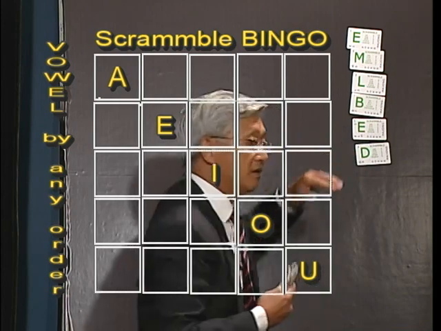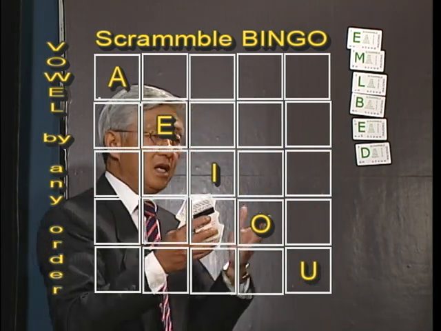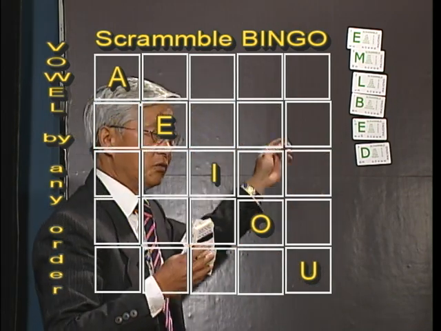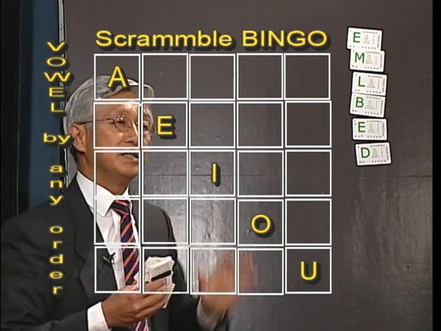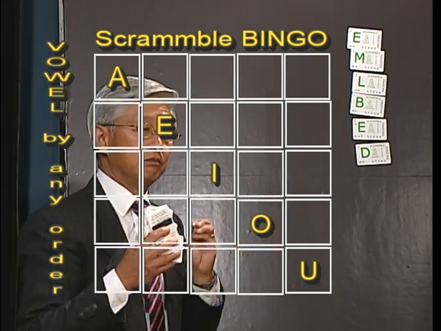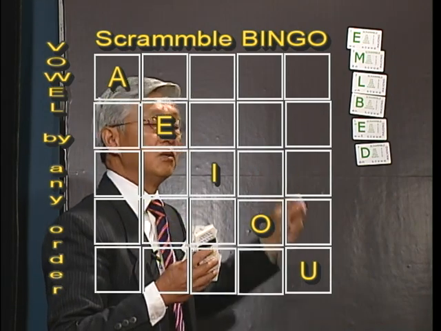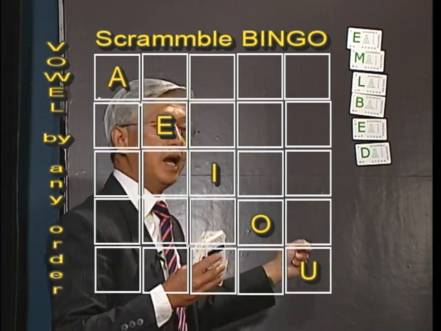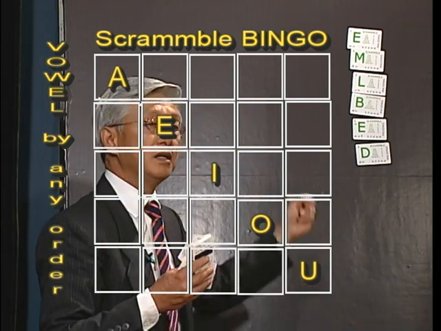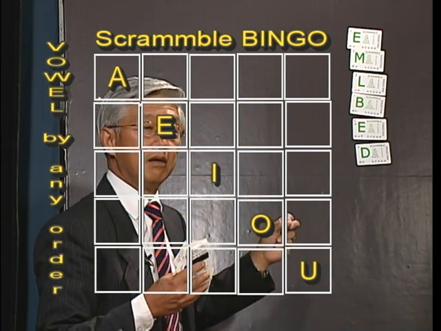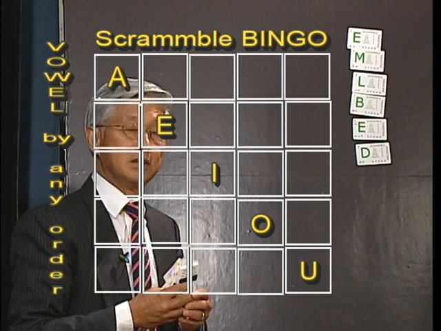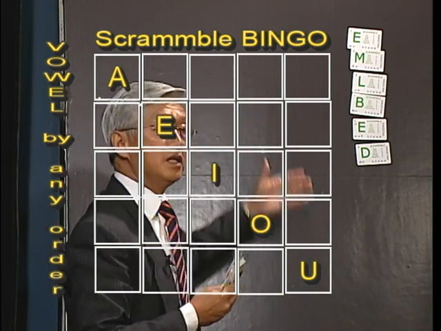B-E with the D is bed. B already used. With D coming up, you say, oh, I make a bed. You don't need another E, because B and E were previous word you made, now contained in the new word B-E-D, okay? Therefore, you don't have to get another B, another E.